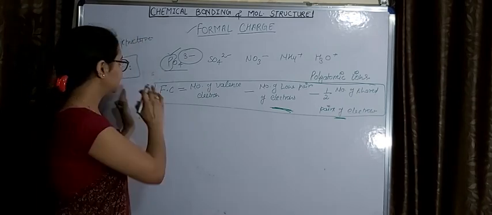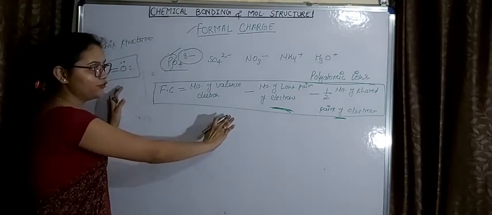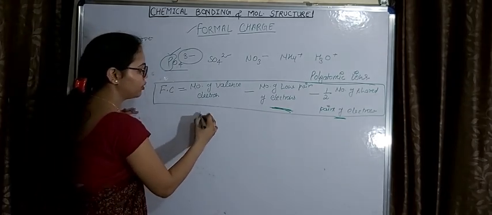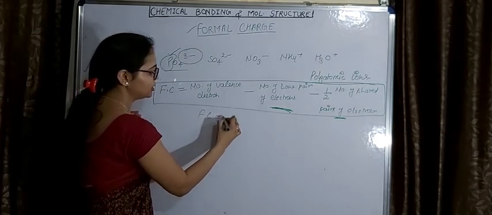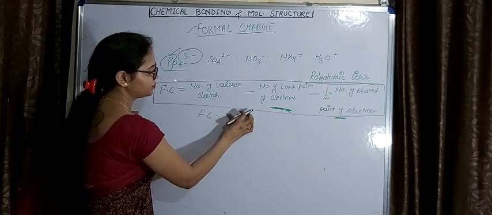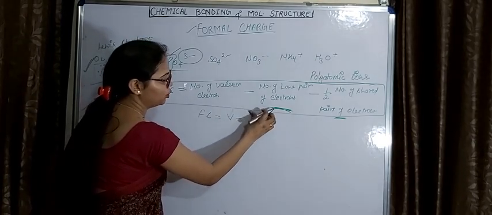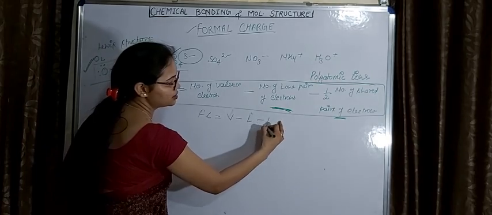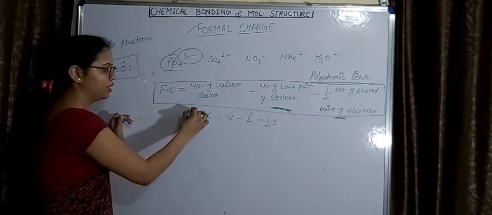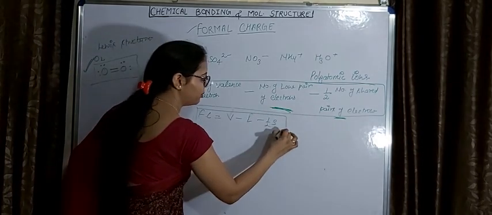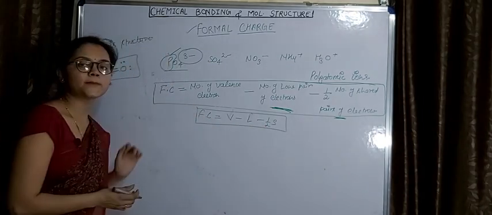Okay, so this is the definition and this is the formula, and we can write this formula shortly like this: formal charge equals valence electron minus lone pair of electron minus shared pair of electron. Okay, so this is the short form of this formula.